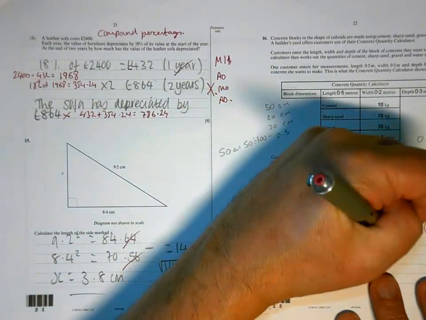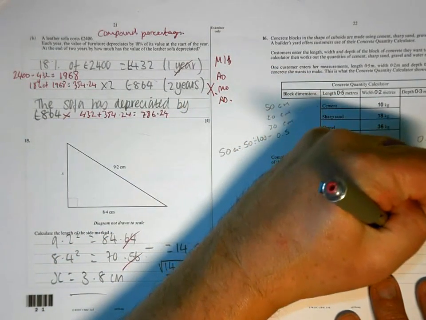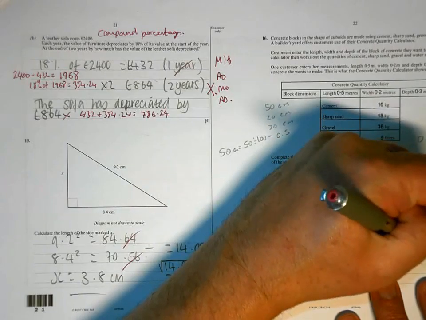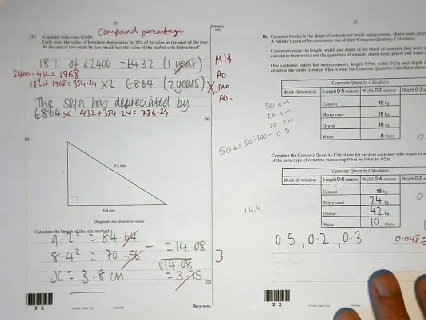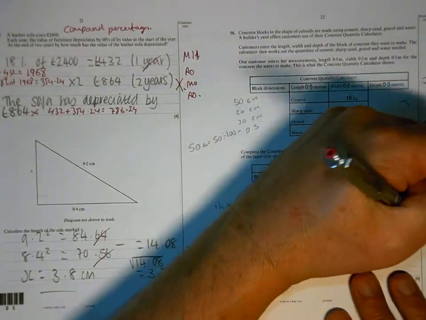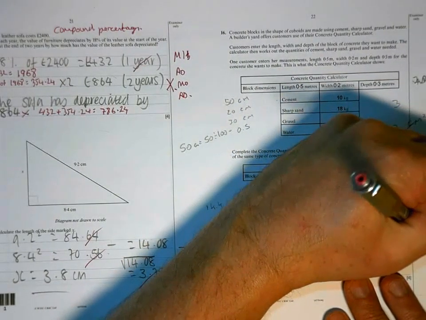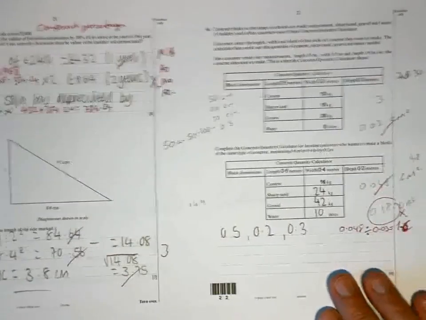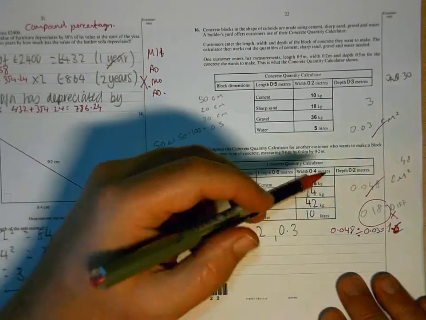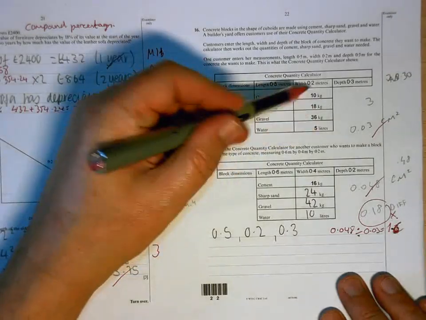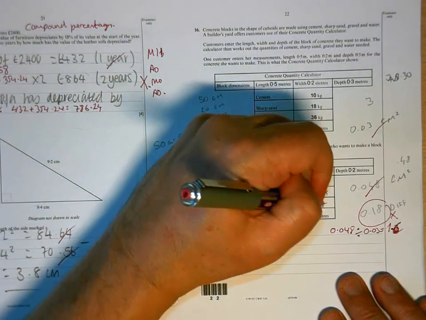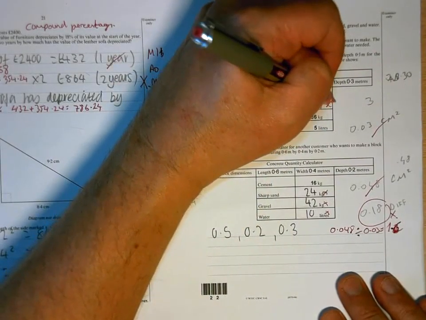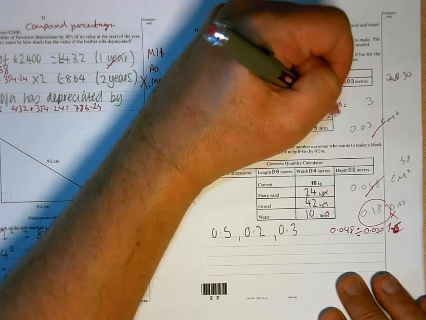So what you need to do is 0.048 divided by 0.03, which is 1.6. Okay, so it's 1.6, which means everything here has to be 1.6 times bigger. So those aren't right. You need to be multiplying that by 1.6.